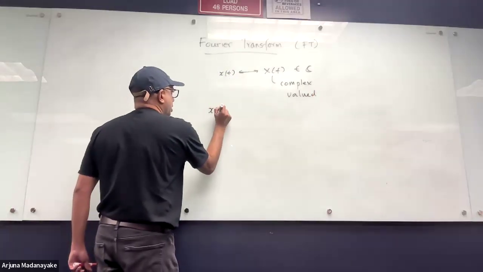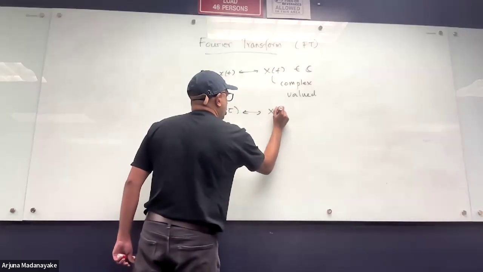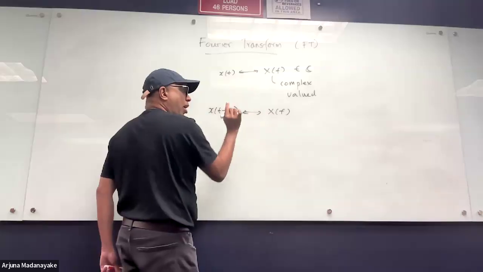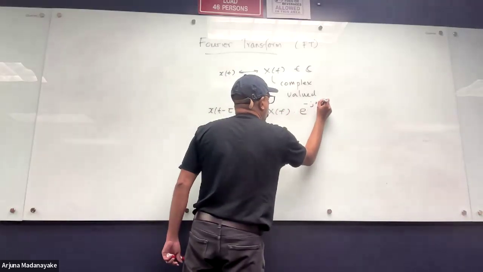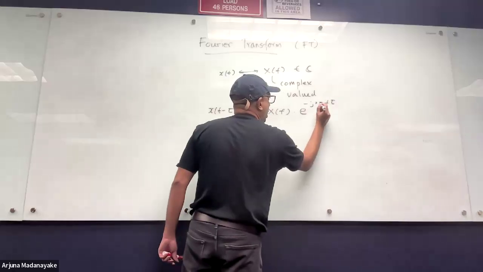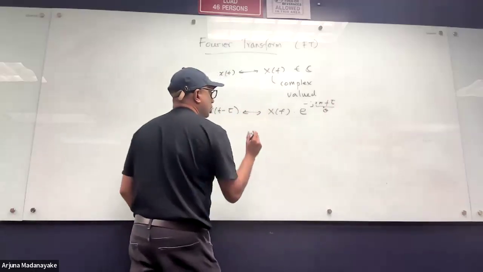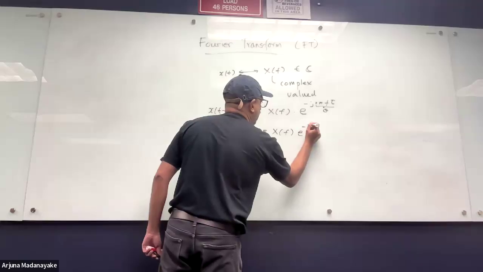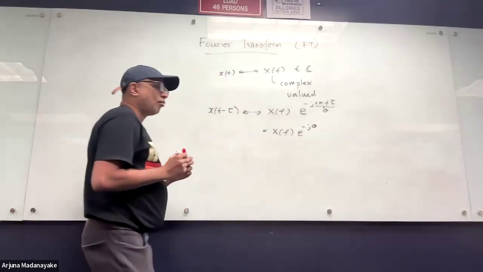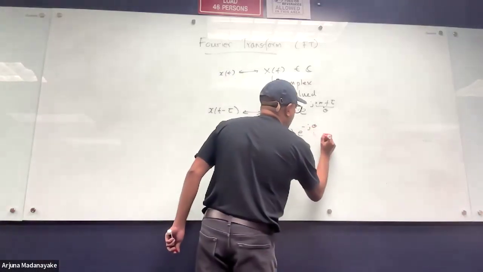Then the delayed version, x of t minus tau, has a Fourier transform X of f, unchanged, the same one, but it's got an extra term, e to the minus j 2 pi f tau, where I call this component 2 pi f tau theta. So I can write it as X of f e to the minus j theta. And I'm calling this theta a phase rotation.